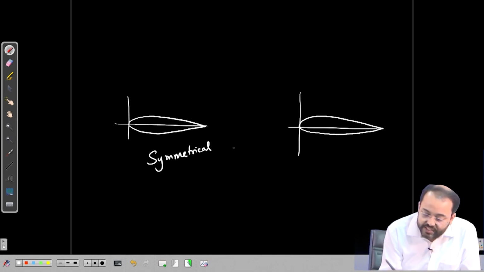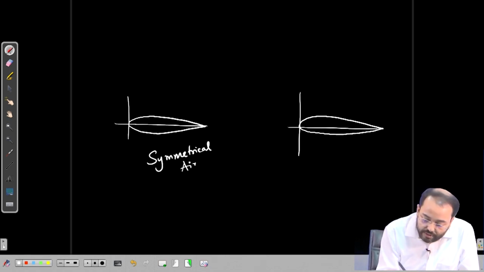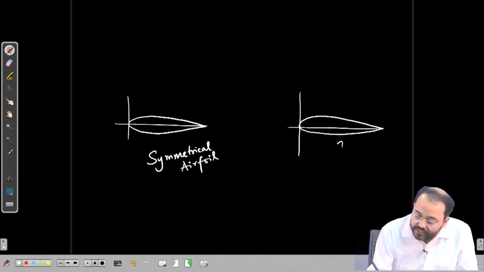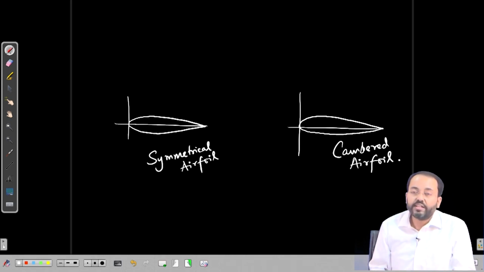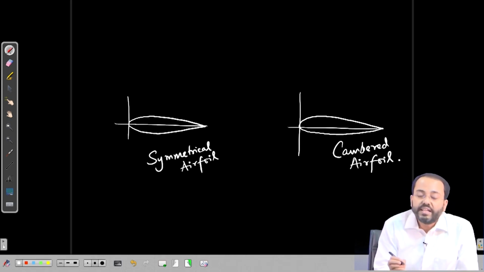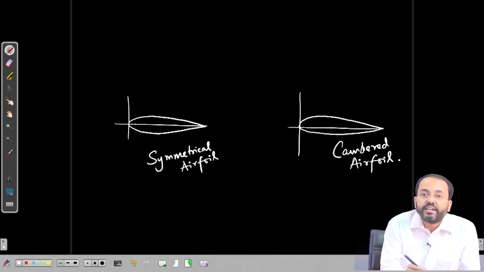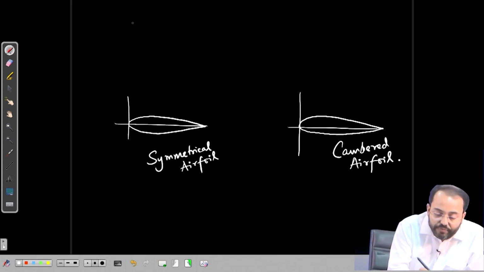This is a symmetrical airfoil and this is a cambered airfoil. What will be their lift characteristics based on the angle of attack?